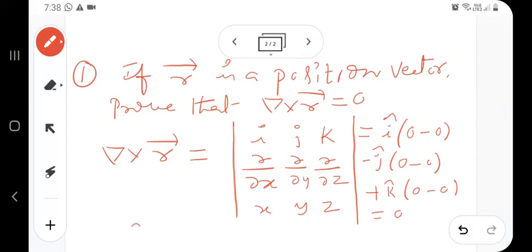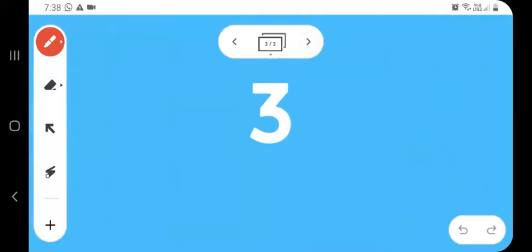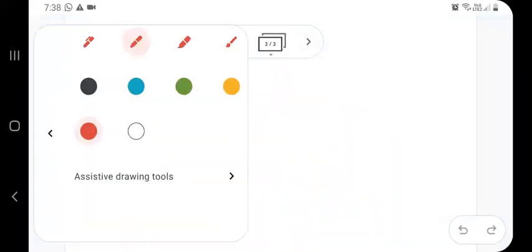So curl r bar, that is del bar cross r bar, equals 0. The curl of any position vector is always equal to 0 if r bar is the position vector.